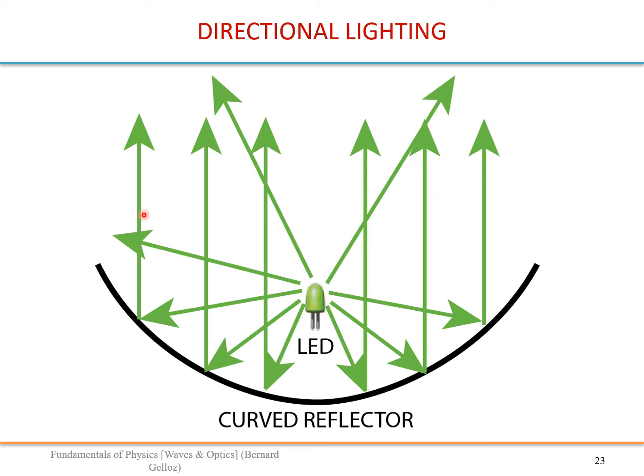A beam made of parallel rays, like this. So this is, for example, used in cars or any kind of projector. You put your light source at the focus point here, and then you get a parallel beam of light.